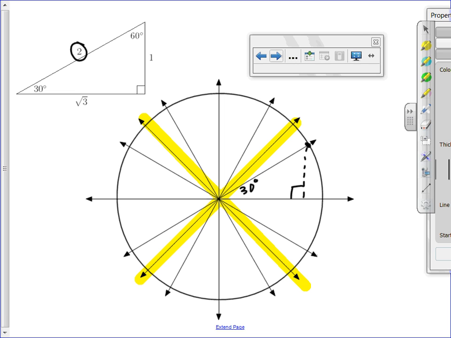This is normally 2, so I'm going to have to divide that by 2 to get 1, which makes that root 3 over 2, and that 1/2. So I'm going over root 3 over 2 and up 1/2. Now if it was 60, it's going to be the opposite. We're going to go a half and then root 3 over 2. So that point is the opposite of that.